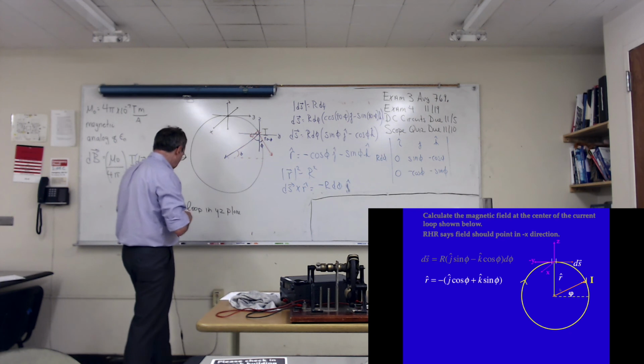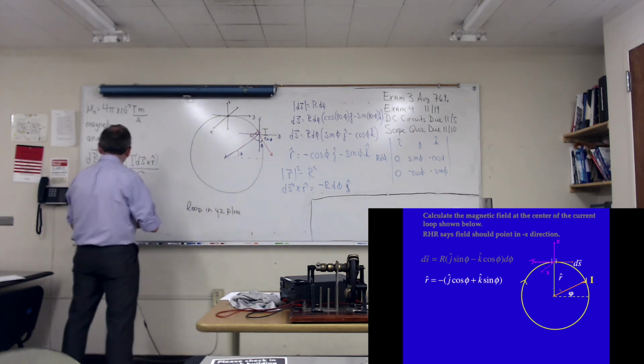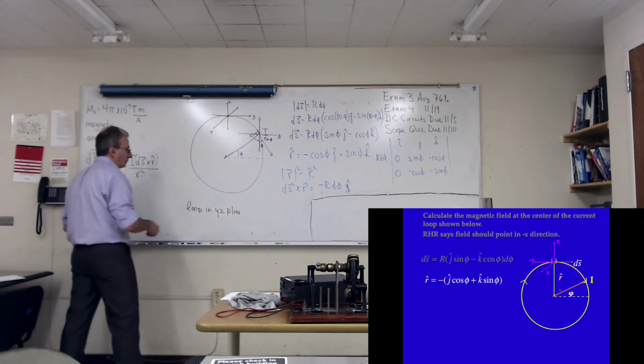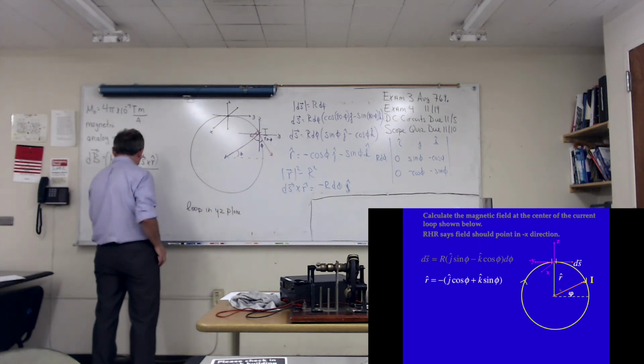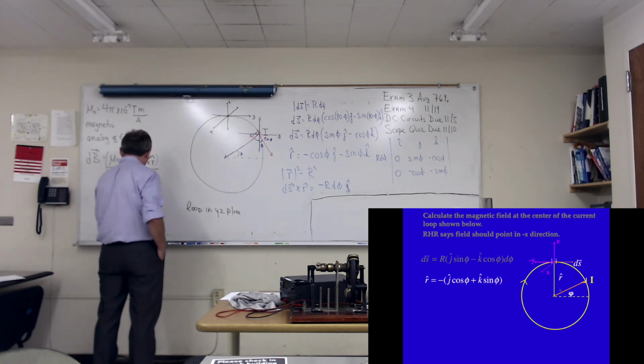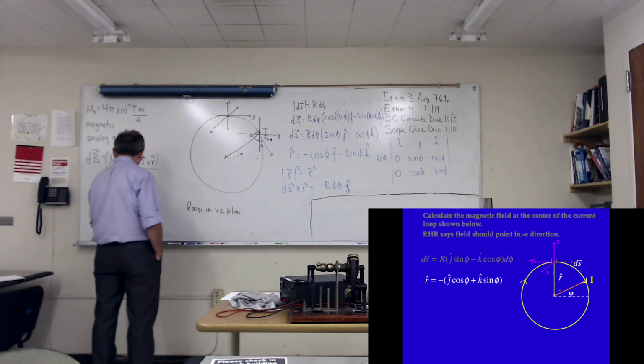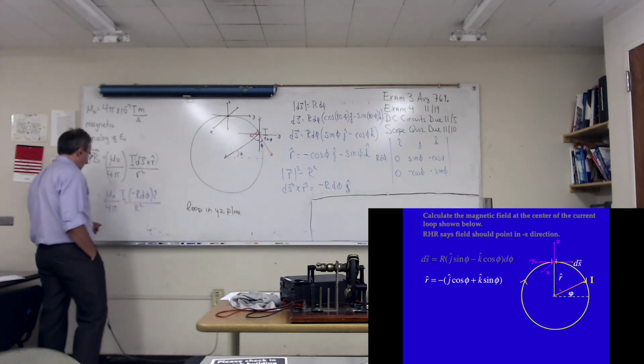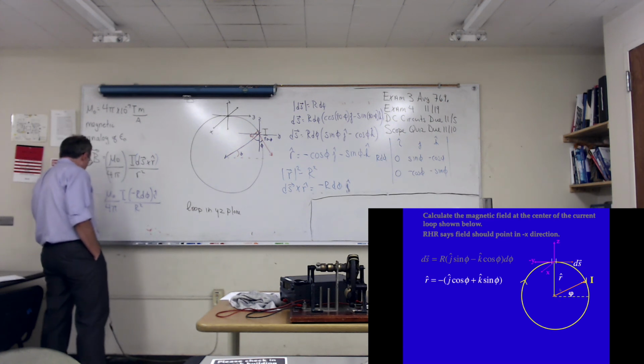So now, setting this up is easy. Mu naught over 4 pi times I. My ds cross r hat is minus r d phi i hat over r squared. Now I'm going to integrate this to get B. What are my limits of integration?